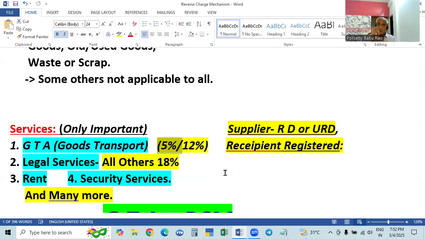Consignment means transporting goods from one place to another place. The person sending the goods is called the consignor. The person receiving the goods is called the consignee. So the consignment note has all the details of the consignor, his registration number if he is registered, the address of the consignor, the consignee address, everything, and details of the goods being transported, the invoice number given by the person supplying the goods, the type of goods, the tax charged, all the details.